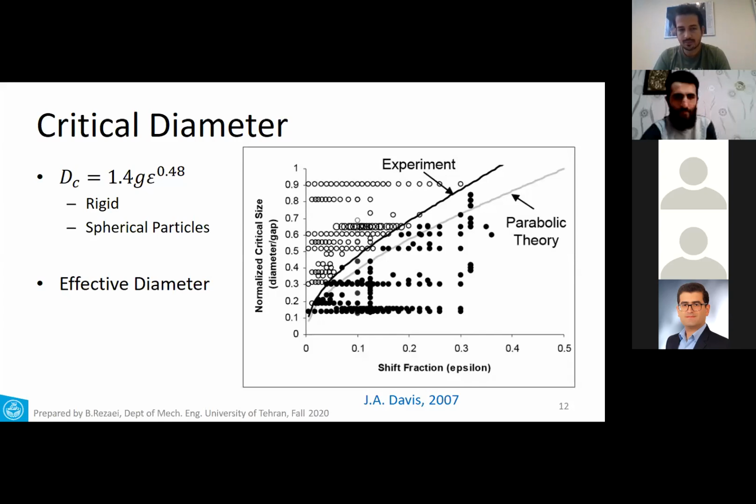So if we want to use this separation formula for bioparticles that are not spherical, we have to use the effective diameter. How it is calculated, some simulations have been done, but it's mostly experimental, and there are some articles about that.